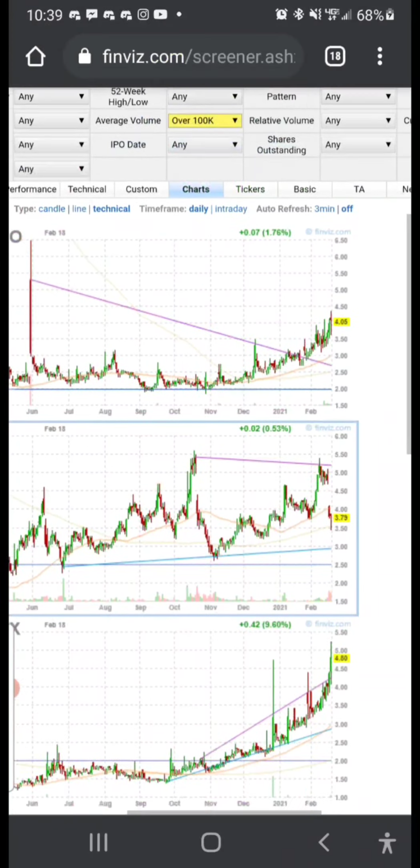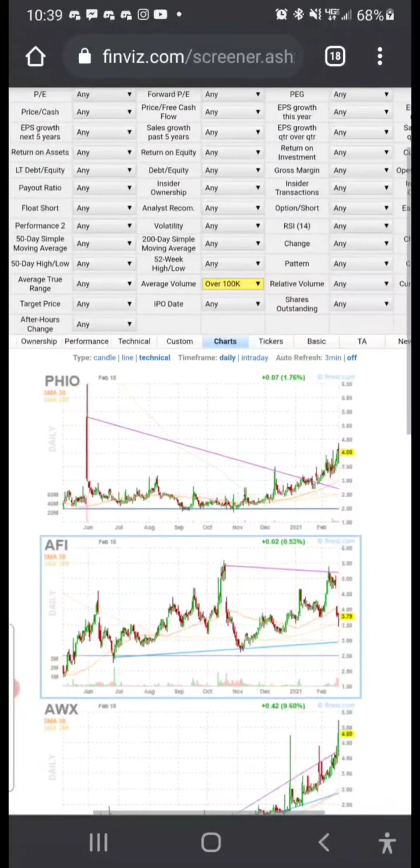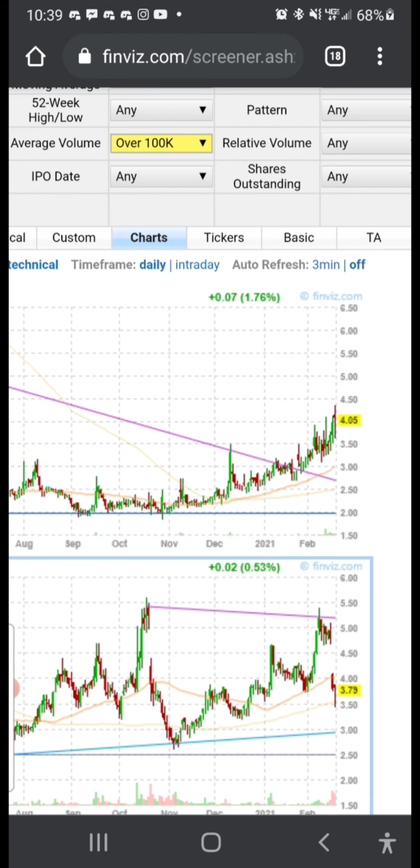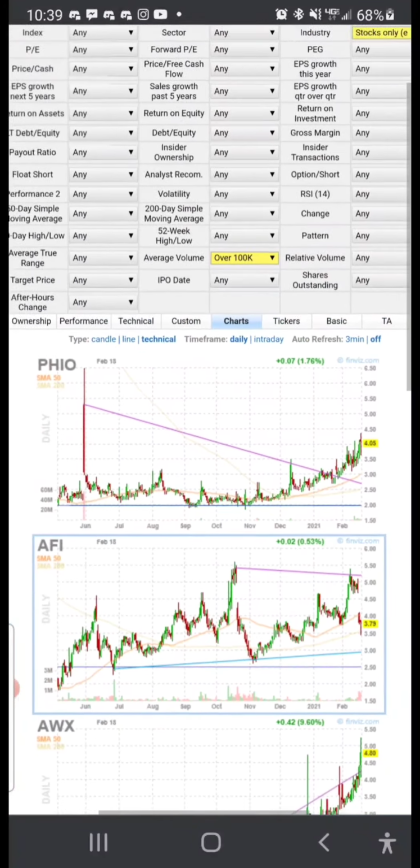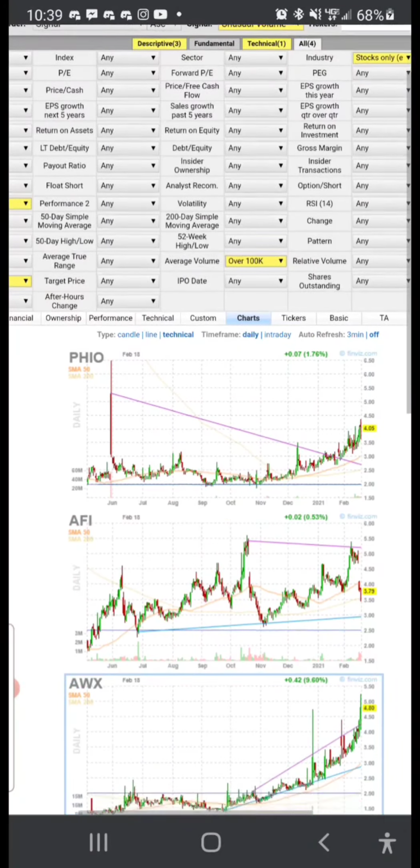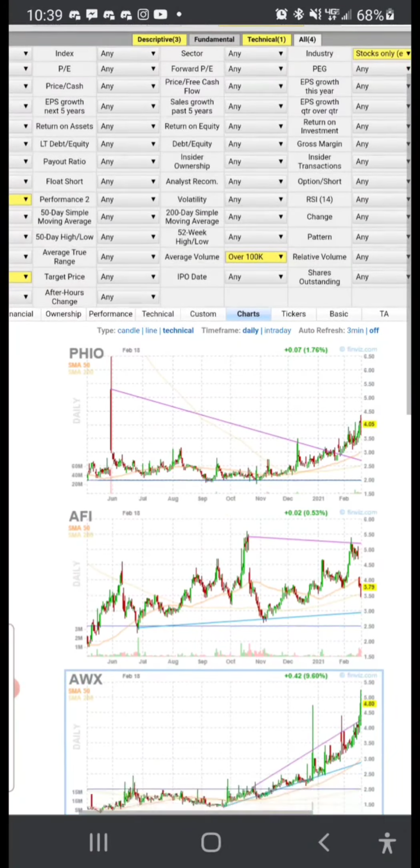Interesting. The 50 MA is above the 200 MA, so that is a signal for a longer term uptrend. This crashed down quite a lot today. This one went up. So, where's the party at?